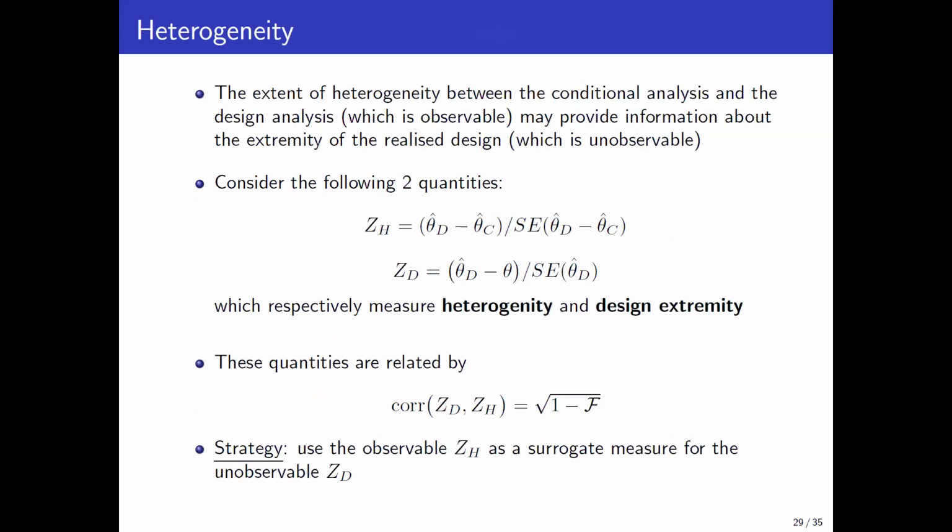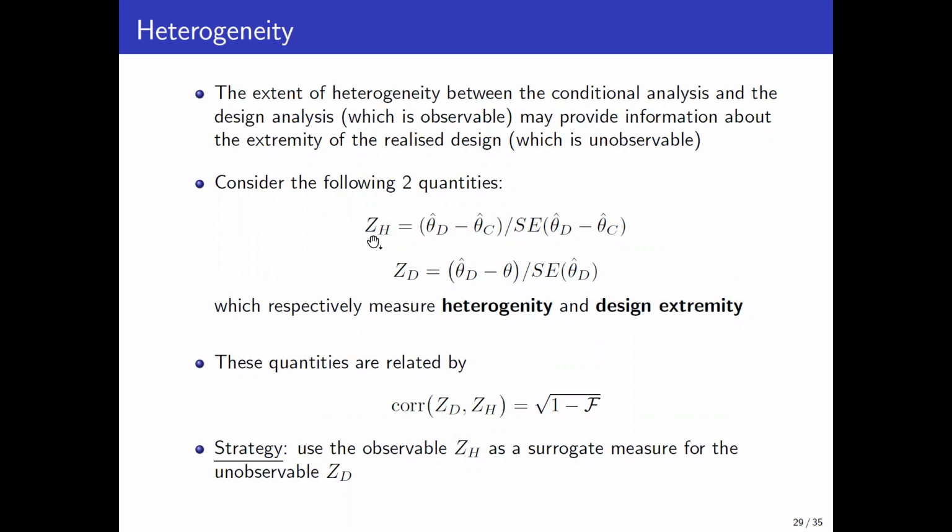And the answer is yes, using essentially a surrogate for that design extremity, which is the heterogeneity, or just the difference between the design information and the outcome information conditional on that design information. And so what I'm going to point to here is two measures, one of which is observable.